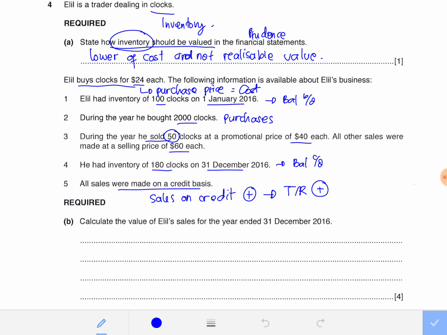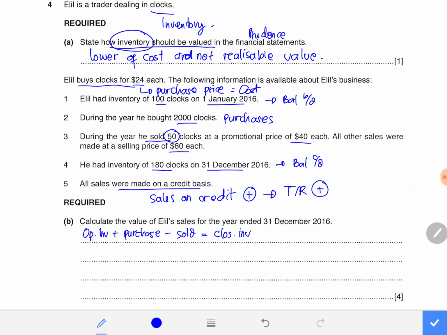First of all, you need to know how many units were sold during that year. This formula will be used for anything related to inventory. If you have an opening inventory, it will increase if you purchase more, and it will decrease if you sold it, and then it will equal your closing inventory.